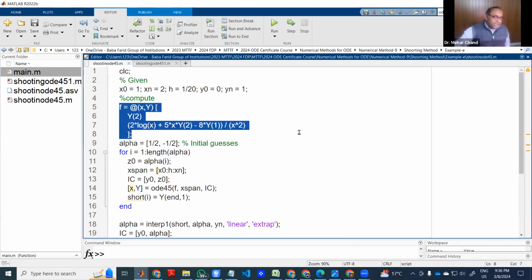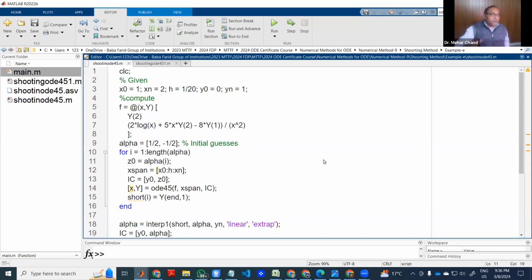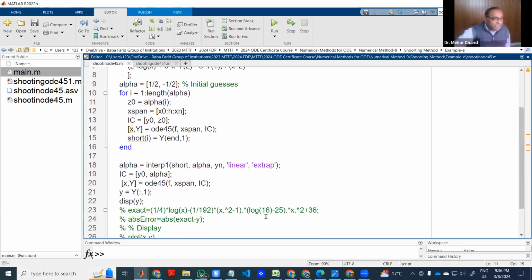Okay, and you need to convert your boundary value problem into an initial value problem, and then you just need to change only this part. Okay, and one part is missing in this example, that is the comparison. I tried to write the comparison in the same file, but there was a small error.